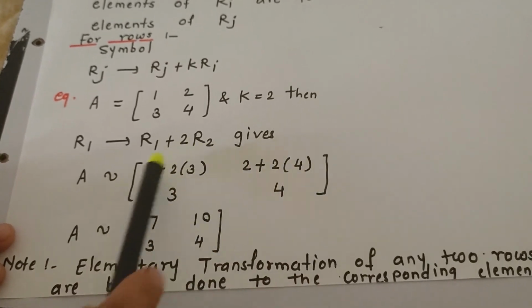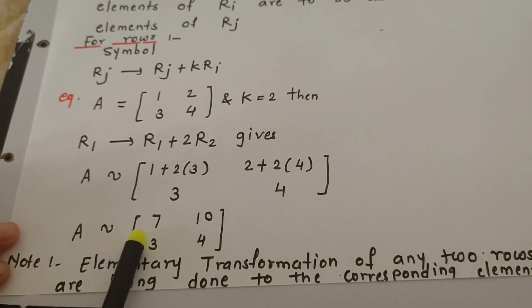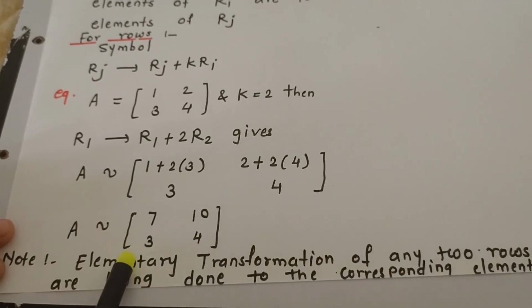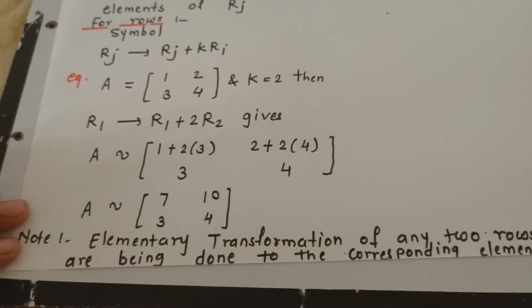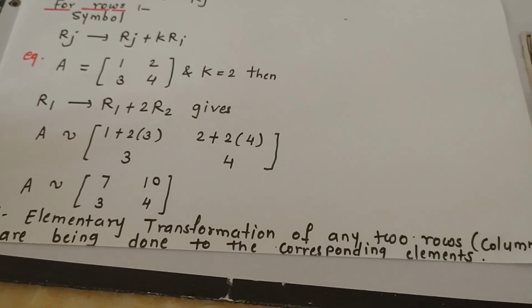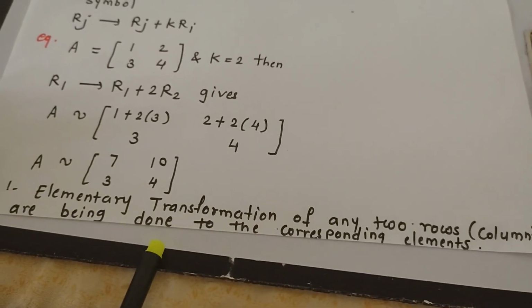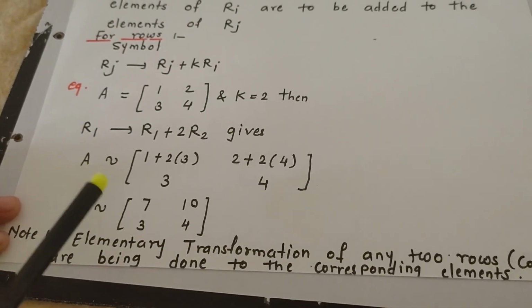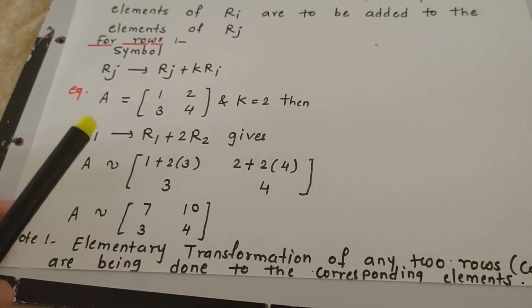Then by calculating this, we get the elements in the first row 7 and 10 and the second row as it is. Students, note that elementary transformations of any two rows or columns are done on the corresponding elements. These operations can be applied on columns.